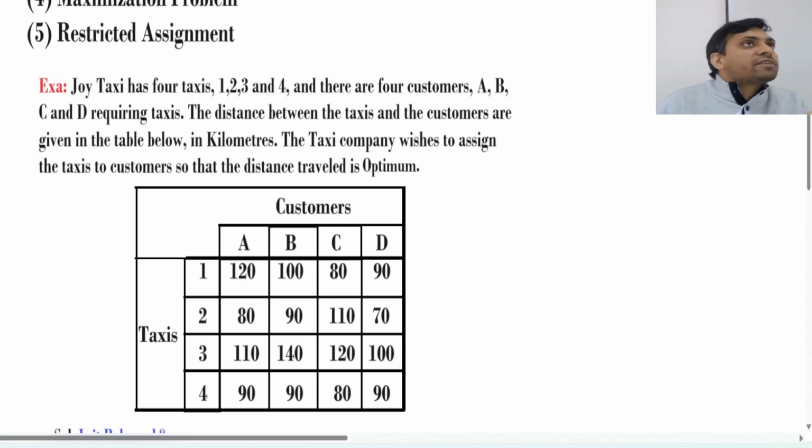This data is associated with distance. Distance should be minimum. If this data is associated with profit, then this is maximization problem. Is this data is associated with cost? Cost should be minimum. If this is associated with time, time should be maximum or minimum? Time should be minimum. Clear? So this problem is associated with minimum. This problem is associated with minimization.